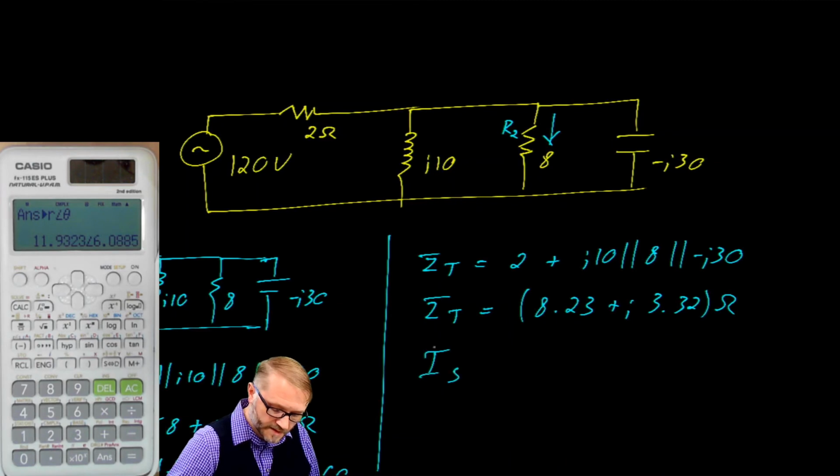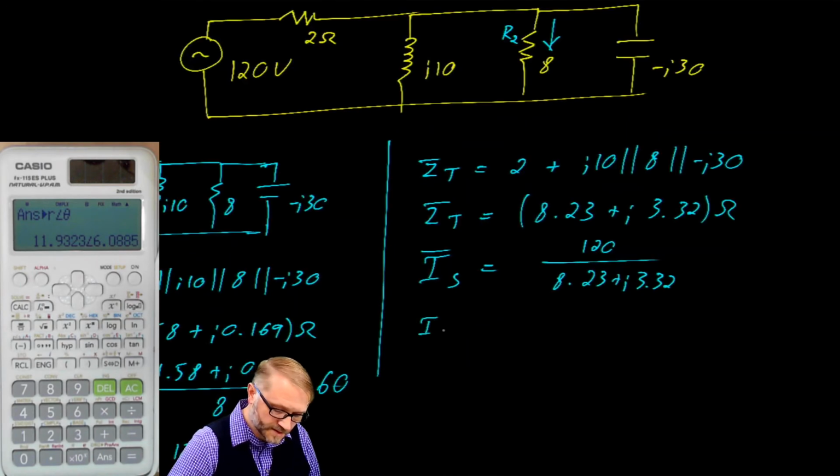From there, the total current is 120 divided by the total impedance, which gives you a total current of 13.5 amps at a phase angle of negative 22 degrees.